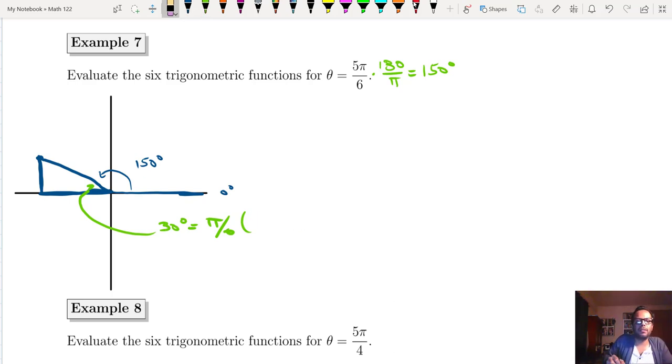Okay, let me erase it. I think let me make it easier to read. So that's a second quadrant, right? Okay, so we are going to honor the values for the 30-degree angle, which are going to be 1. The hypotenuse will always be positive.